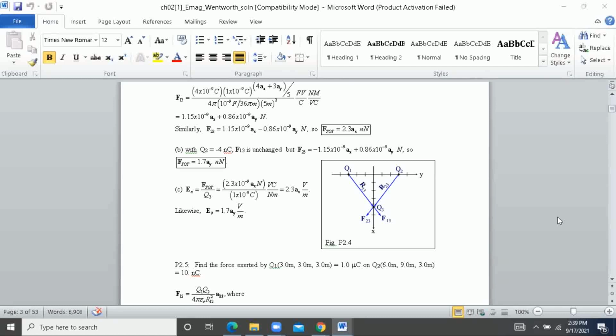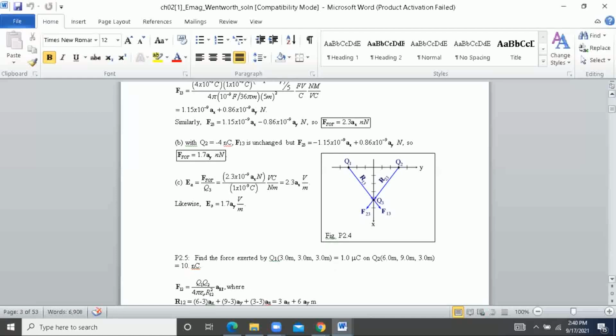Sir, I started by finding the position vector, using position vector Q2 minus vector Q1. The result was 3ax plus 6ay.